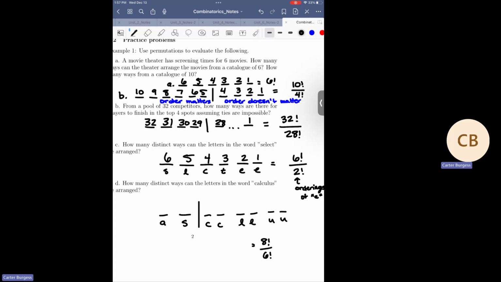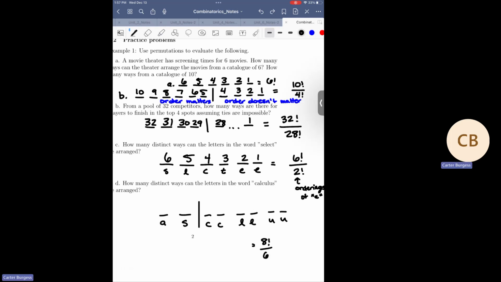So I can't think of everything that has some kind of repetition as being a part of this giant group of things for which order doesn't matter. It's still important how the C's and the L's and the U's relate to one another. So rather than thinking of this as some kind of one lump shuffling, one giant group at the end that we're going to be shuffling, let's instead think of this as smaller groups.